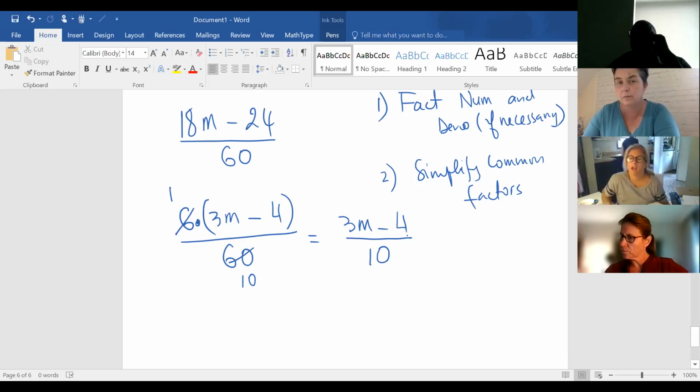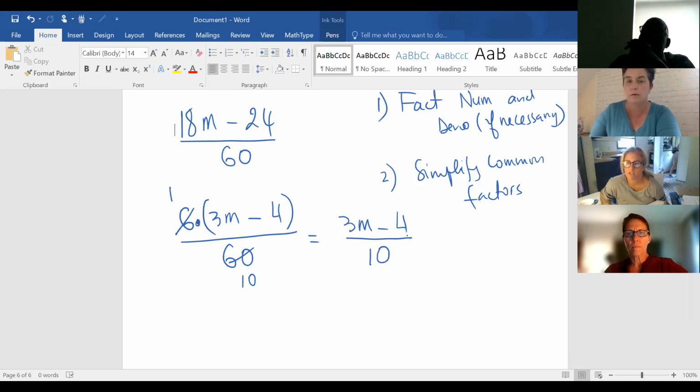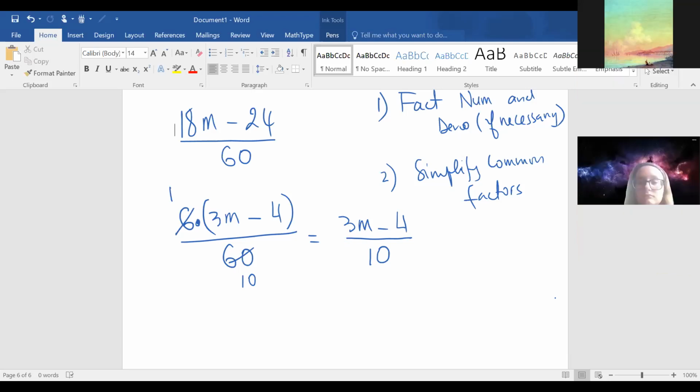But do you think this simplification is done? Can't we do something a little bit more? One more step, for instance? It could be 3m minus 2 over 5. But because 4 and 10 have common factors?